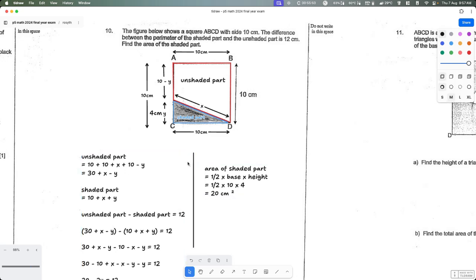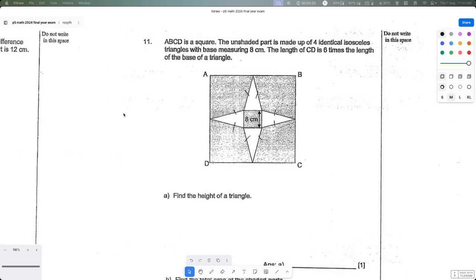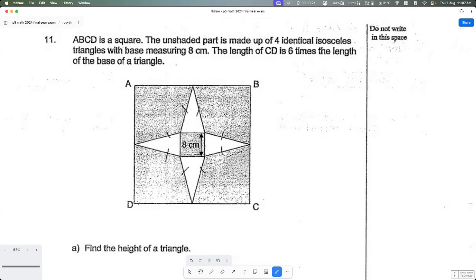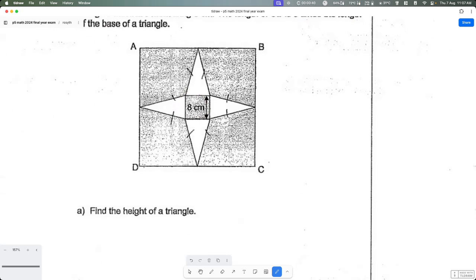Okay, so let's move on to the next question. All right, question 11. So A, B, C, D, all right, over here is a square. The unshaded part is made up of 4 identical isosceles triangles, marked over here, with the base measuring 8 centimeters. The length of CD is 6 times the length of the base of a triangle.